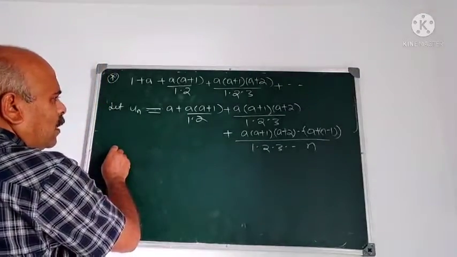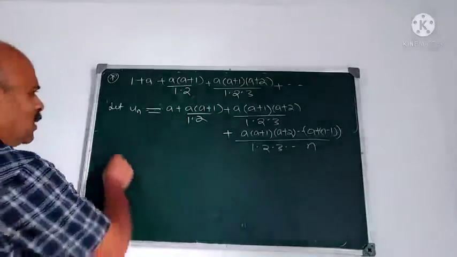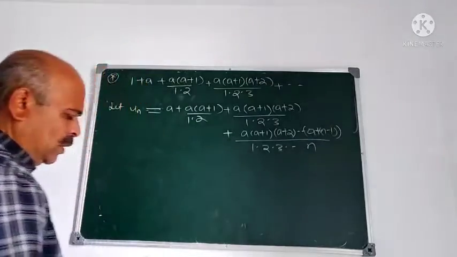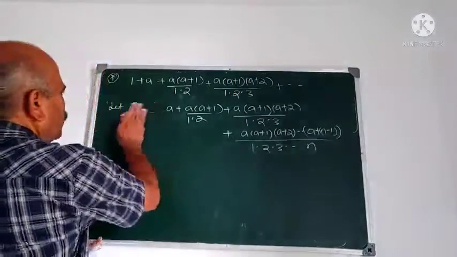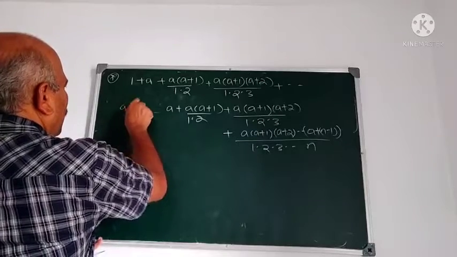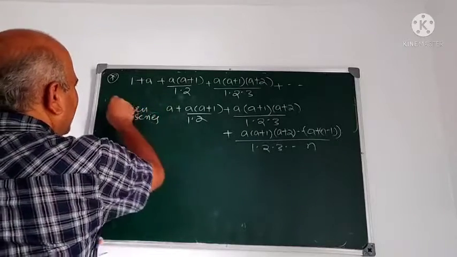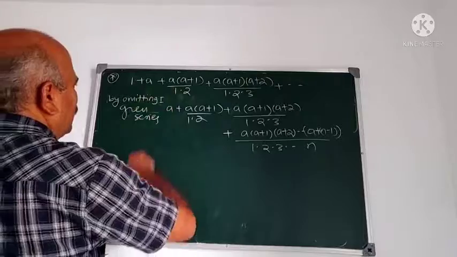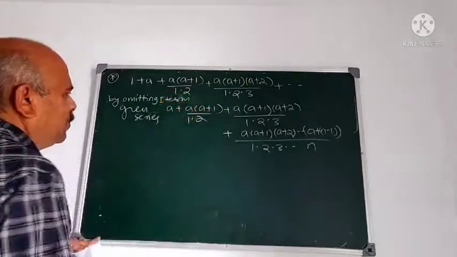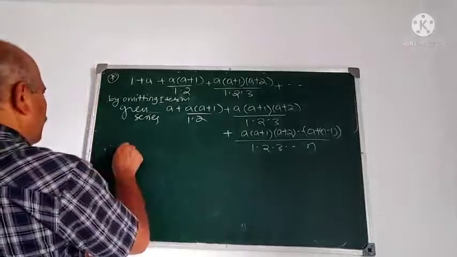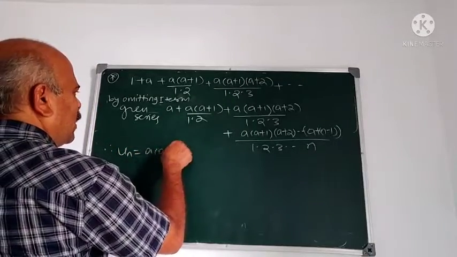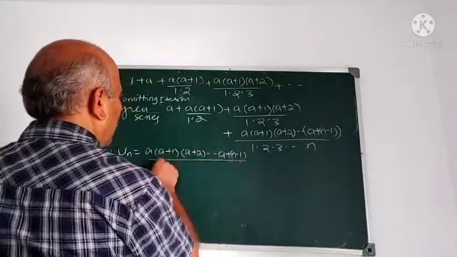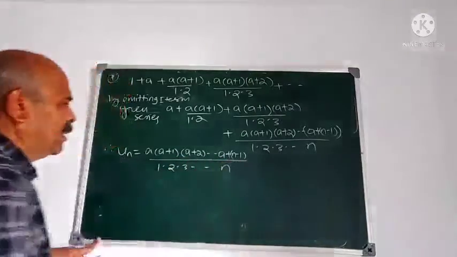Now consider, first we usually use D'Alembert's ratio test. Un is this, it is the given series, correct? The given series is this, by omitting the first term. Therefore, un is a into a plus 1, a plus 2, etc., a plus n minus 1 upon 1, 2, 3, etc., into n.